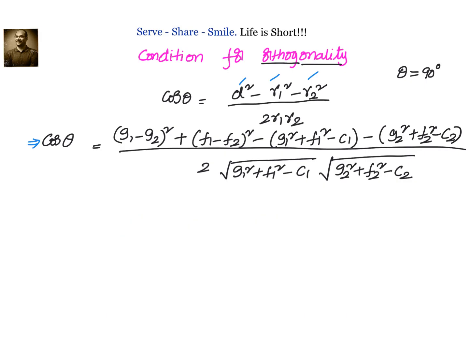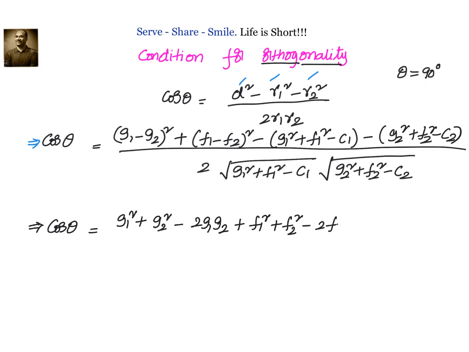Let's open the brackets and try to simplify this. So what we will have, let us see. We will have cos theta is equals to, open the brackets, we'll have g1 square plus g2 square minus 2g1 g2 plus f1 square plus f2 square minus 2 f1 f2 minus g1 square minus f1 square plus c1.